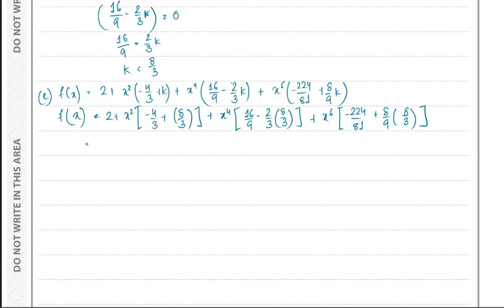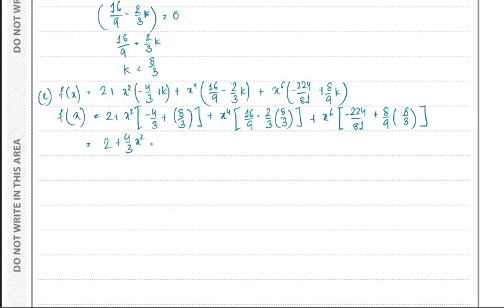So this would be 2 plus 4 by 3 x squared, and this would come out to be 0 if you see 16 by 9, and 2 multiplied by 8 is 16, and 3 multiplied by 3 is 9.